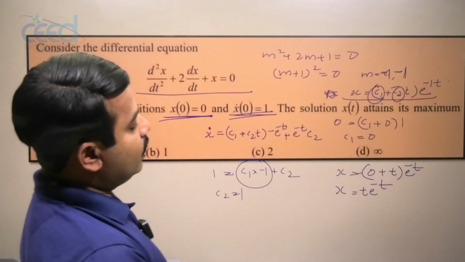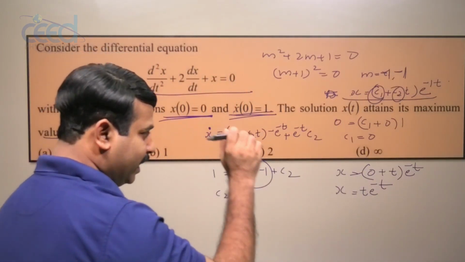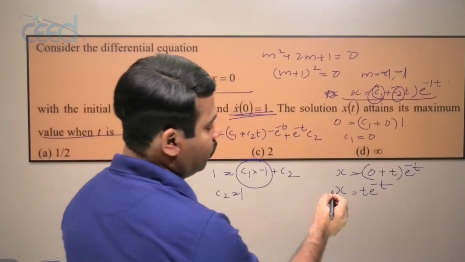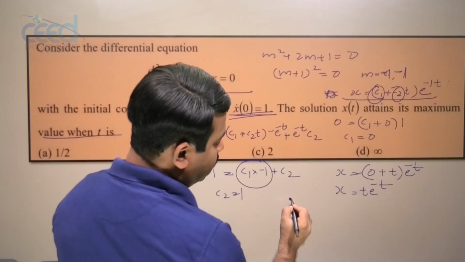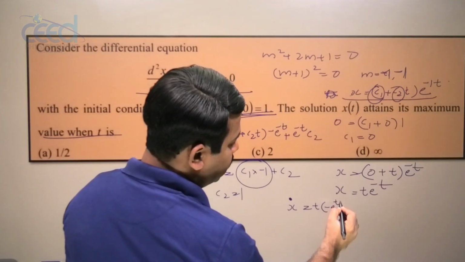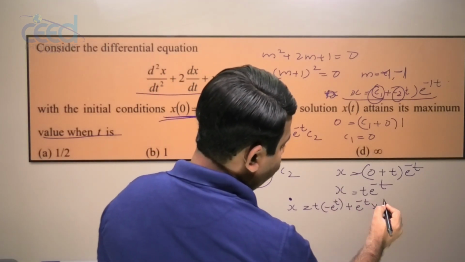Now after getting this x value, when is it maximum? If any function is maximum, its differential will be 0. What is the differential of this, x dot? First function into differential of second function, plus second function into differential of first.